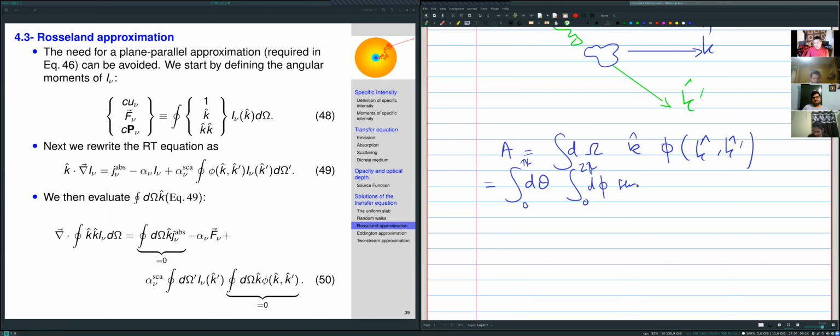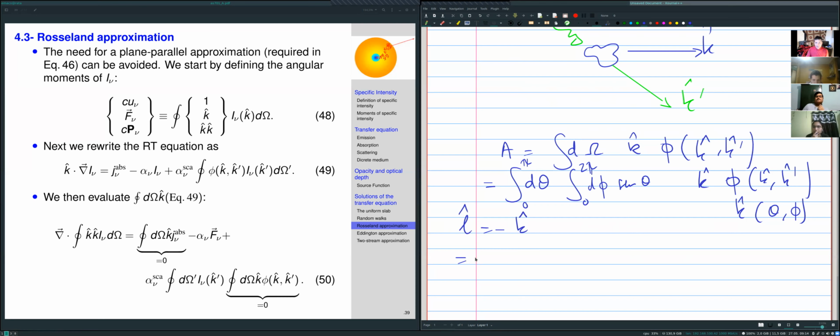And sine theta, so that would be d omega times k and phi, as we write it above. And k has coordinates theta and phi in spherical coordinates. Okay, so I make a change of variables now. I say L is minus k.